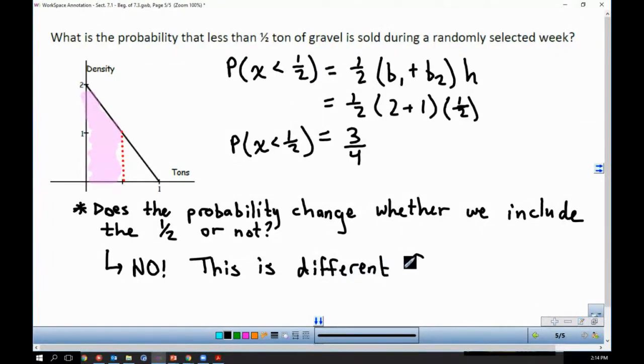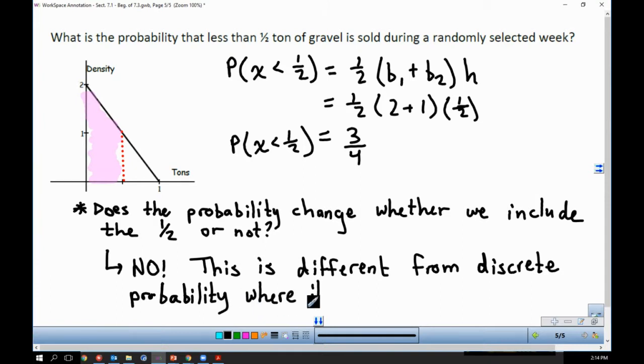This is different from discrete probability, where it does change the probability.